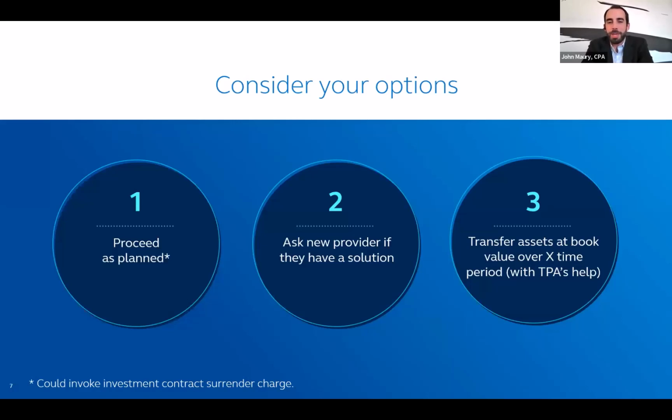There are two key solutions that, I should say, at least insurance company backed record keeping platforms can offer. The first is to cover the market value adjustment. So that 225,000 in our scenario would come over and the new provider replenishes the account up to its book value of $250,000.